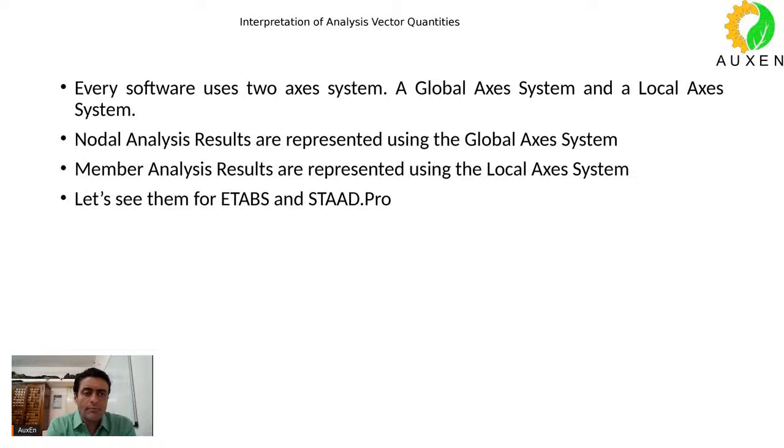Mostly, the nodal analysis results are shown using the global axis system, and the element results, not only member results, any element results, are usually shown using the local axis system. So the global axis is mostly for displaying the nodal analysis results or deflections, and element results are represented using the local axis system.